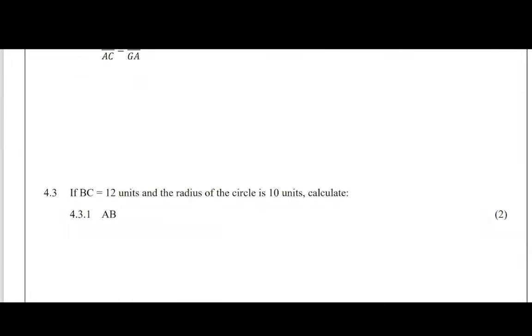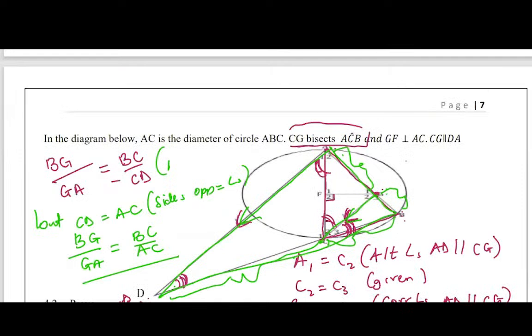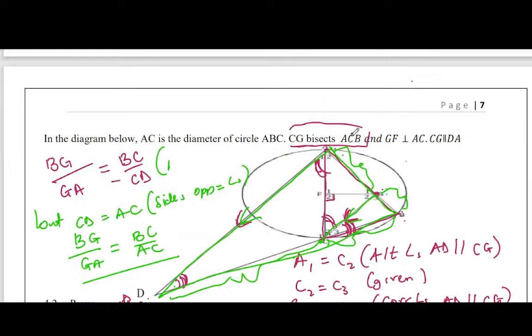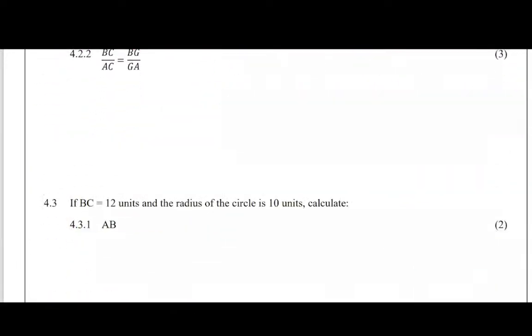Okay, then 4.3. If BC is 12 units, so from here up to here is 12 units. And then they are telling us that the radius is 10 units.